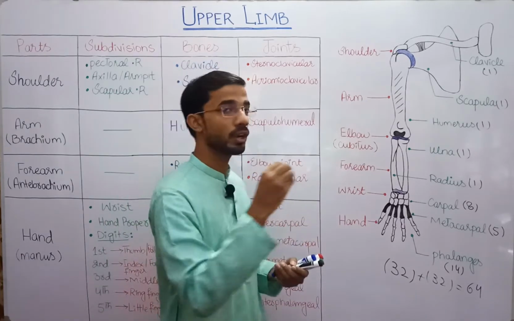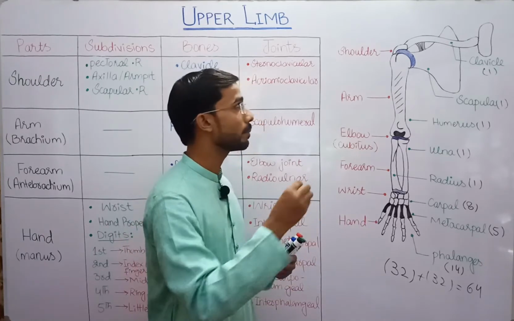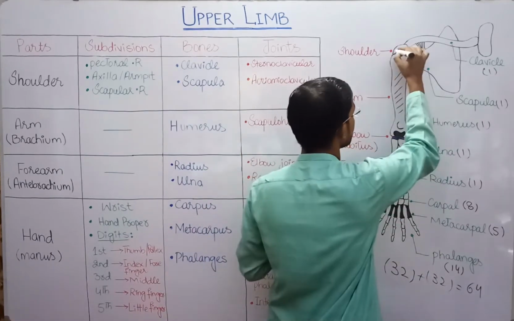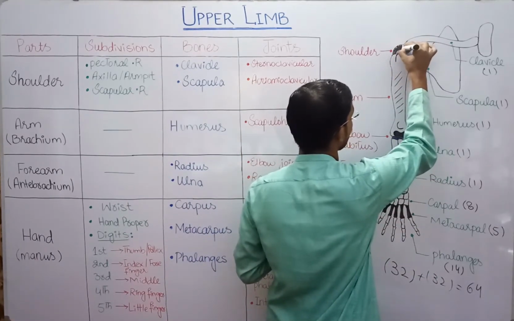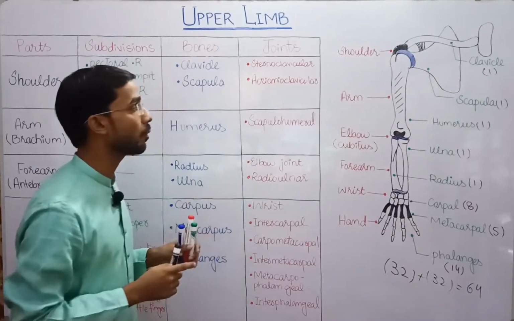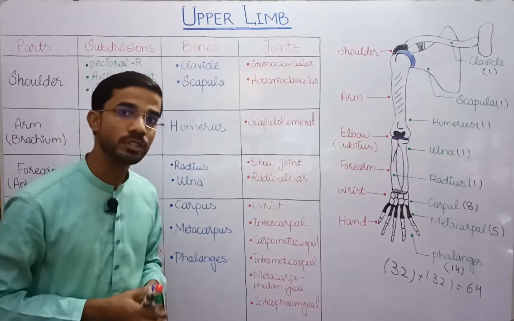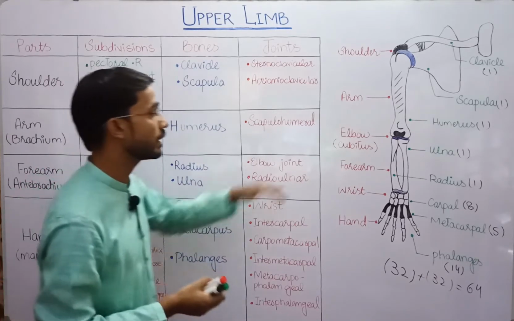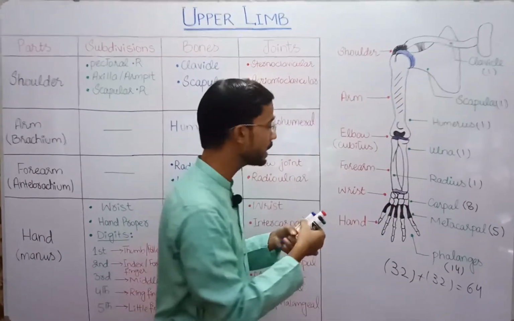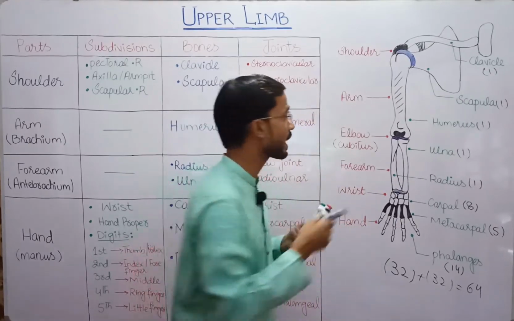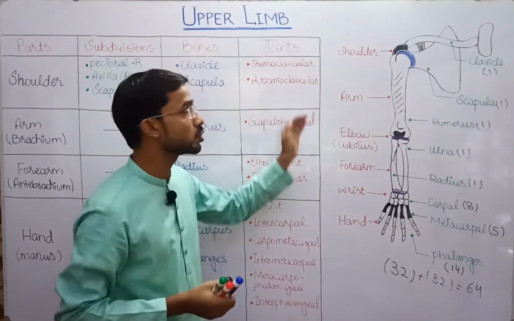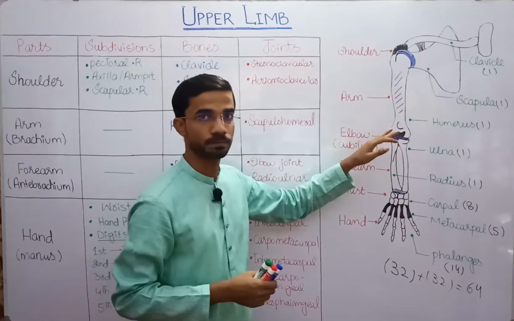Actually, there is a projection at the scapula, and from this projection you can see there is a process which is called the acromion process. So the clavicle is joined with the acromion process, and the joint formed between them is the acromioclavicular joint. Next, in the arm region, the humerus is joined with the scapula.